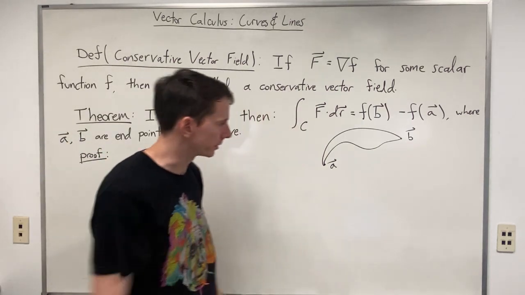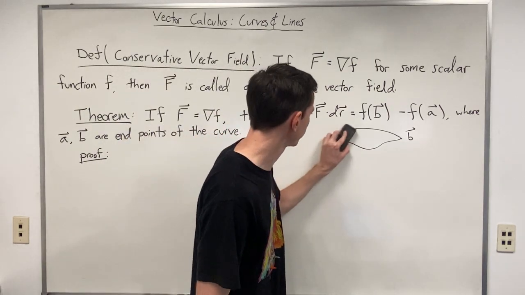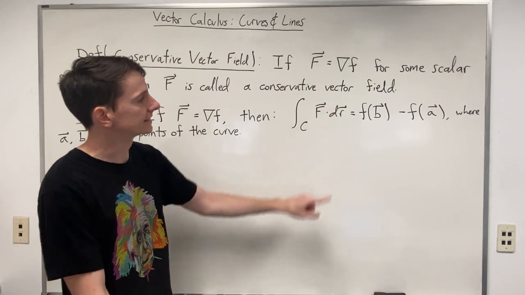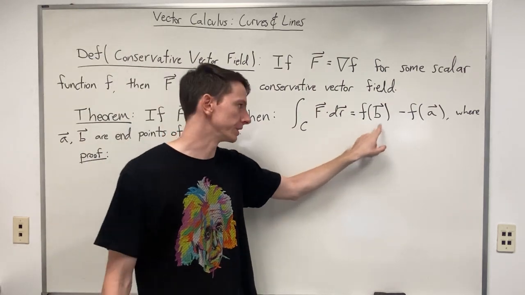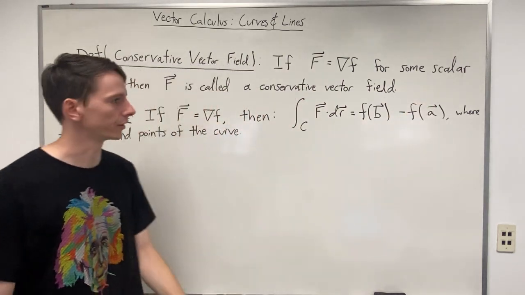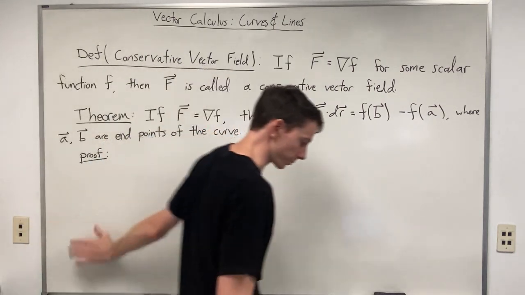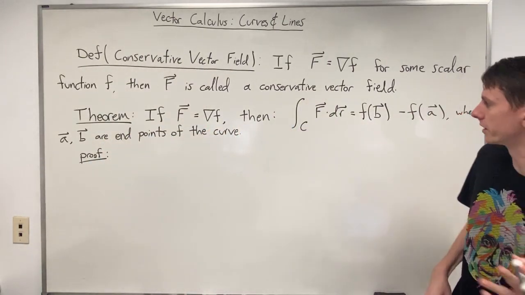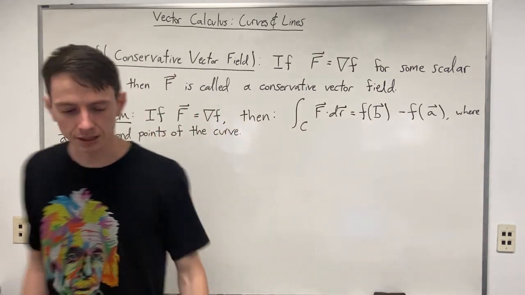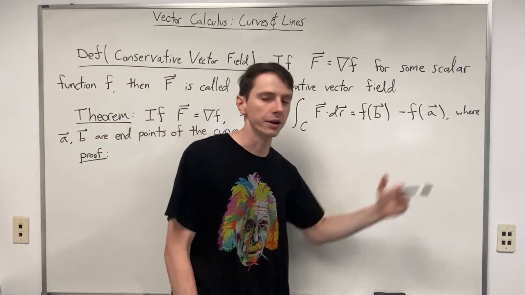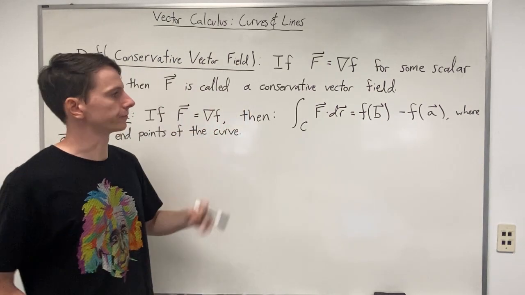Okay. Now, one more thing I want to make sure we're clear on is that the resulting value of the integral is the scalar function evaluated at b minus the scalar function evaluated at a. We're going to prove this theorem, not just state it, and we're going to see why that's the case. But I want to be clear that this is the scalar function, not the vector function, or the vector field.